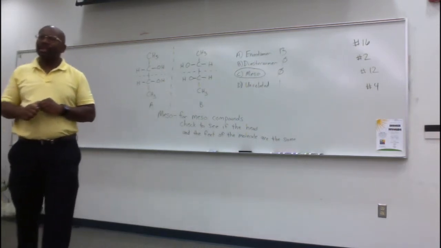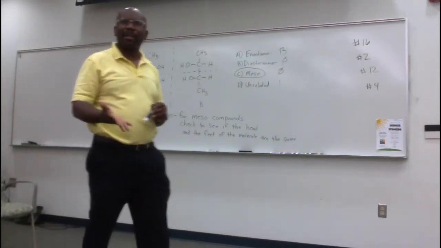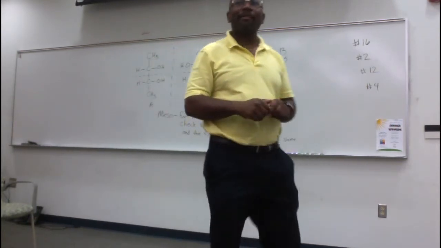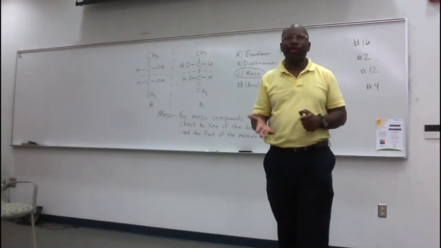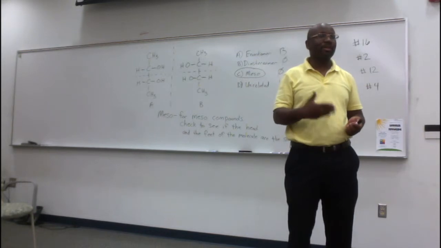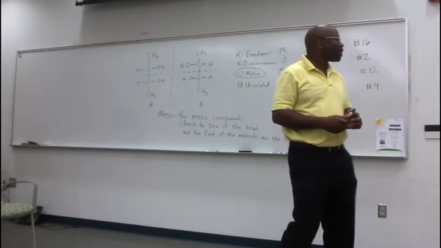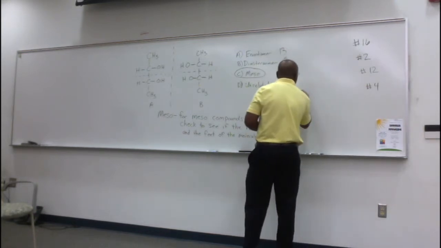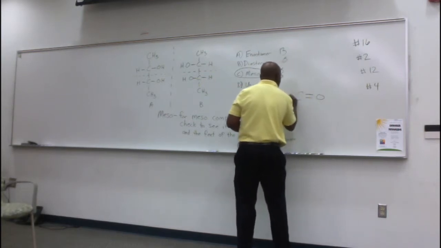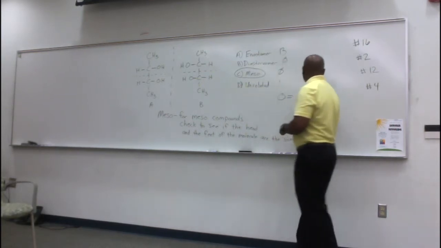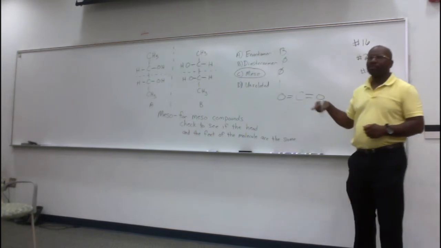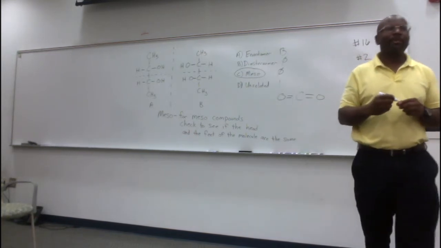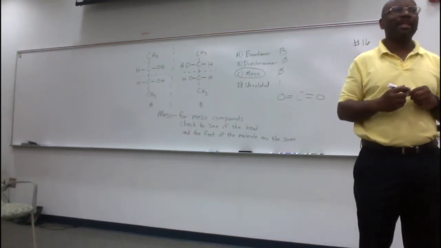Remember back in G-Chem, you talked about polar bonds and non-polar bonds, in which you can have a molecule that has polar bonds, but the molecule itself is considered non-polar. For example, in CO2, the bond between carbon and oxygen is polar, but the molecule CO2 itself is considered non-polar.